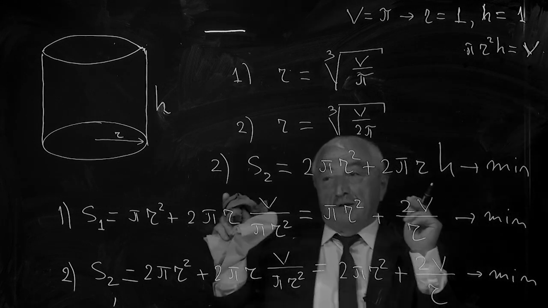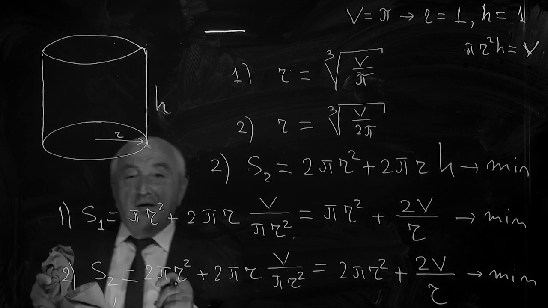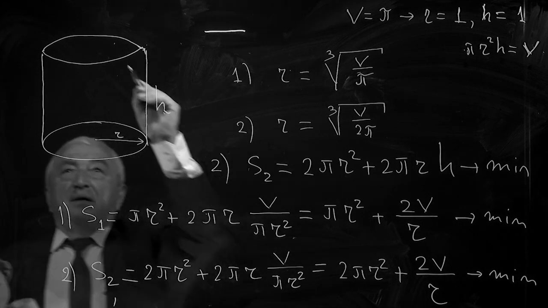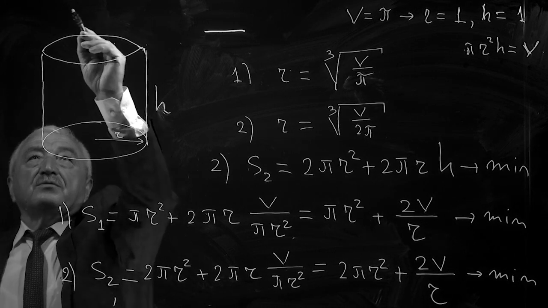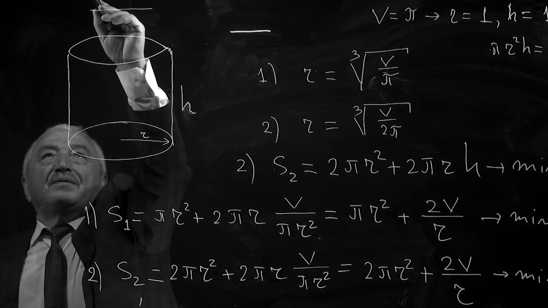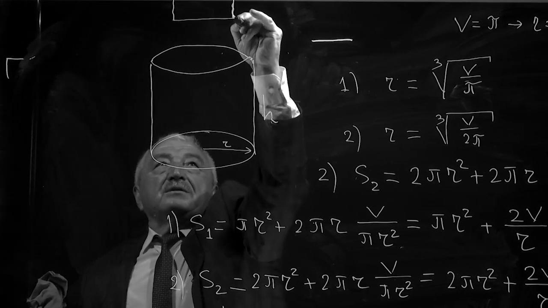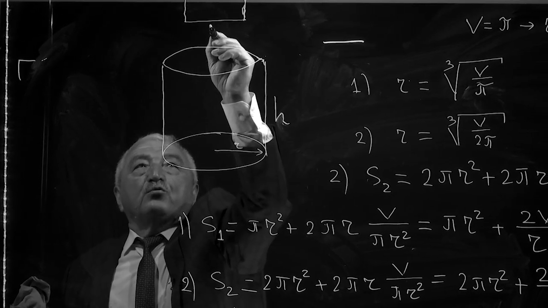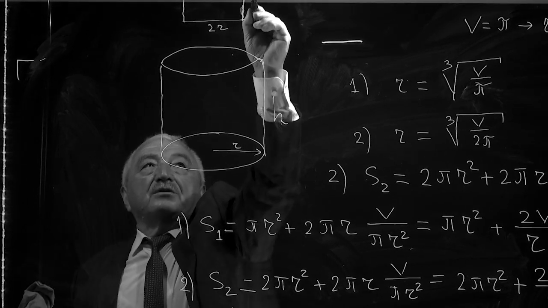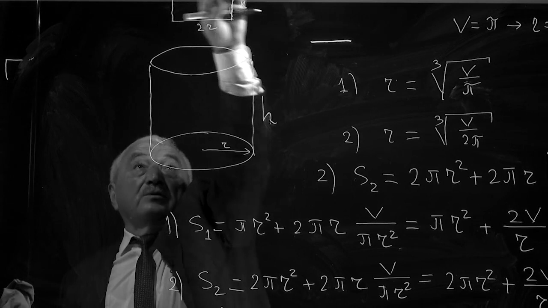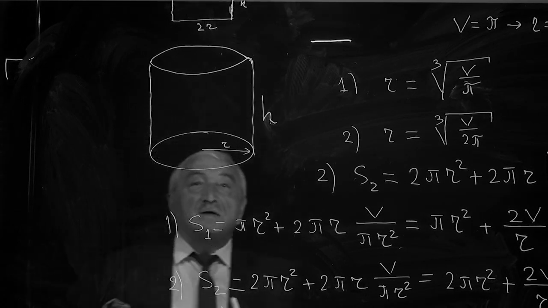It is very interesting, H is 1. What is the optimal construction in the first situation? H is equal to R. It is maybe such a section, 2R and H. It is optimal without the upper surface.